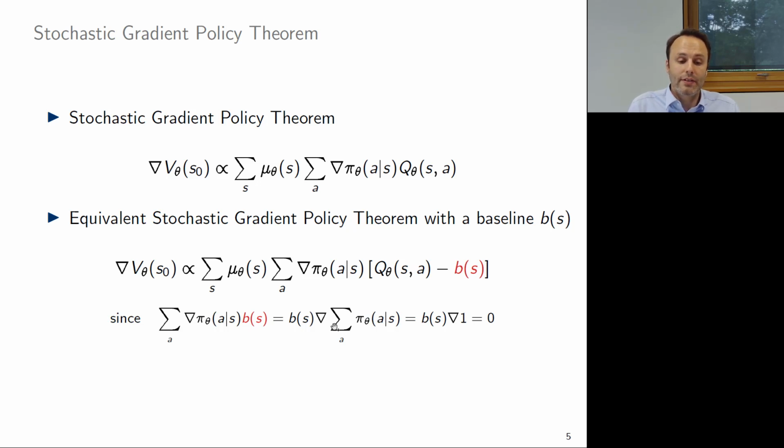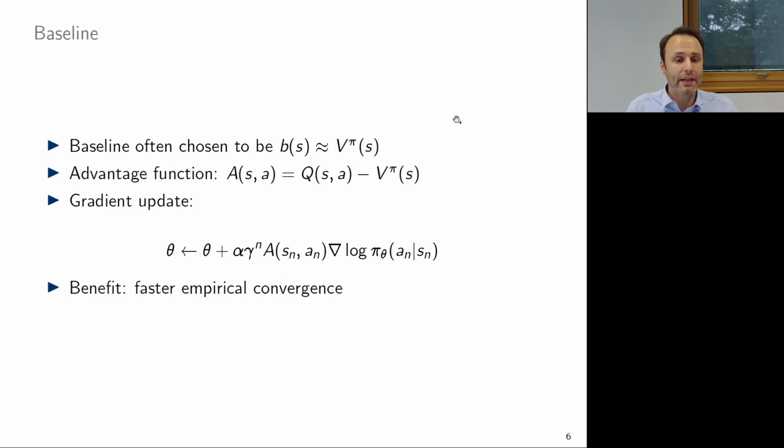And because this is a distribution, it must sum up to 1, and then the baseline times this gradient of 1 is equal to 0, and nothing changes in our stochastic gradient policy theorem.